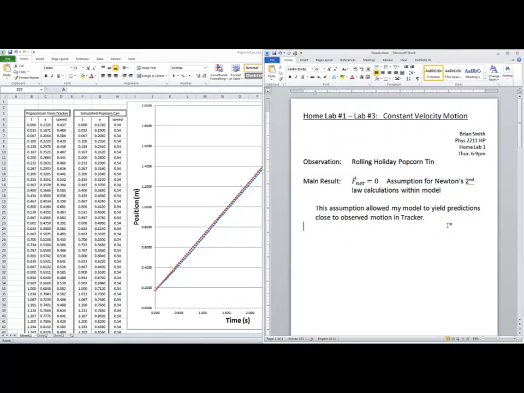For my model, I took as an assumption that the net force would be 0 in all of my Newton's second law calculations, the fundamental momentum calculations. And when I did that in my model, it gave me some predictions for the motion of the tin, which were very close to the motions I observed in Tracker.